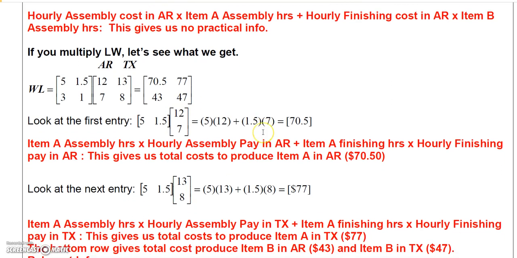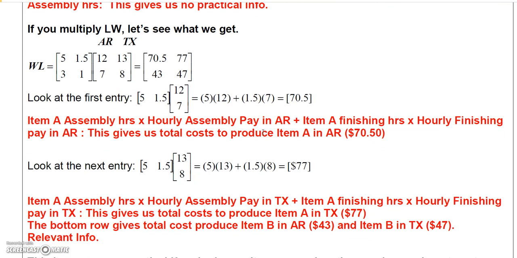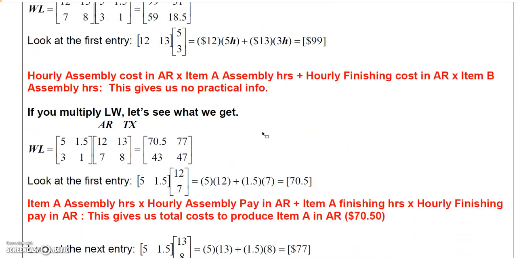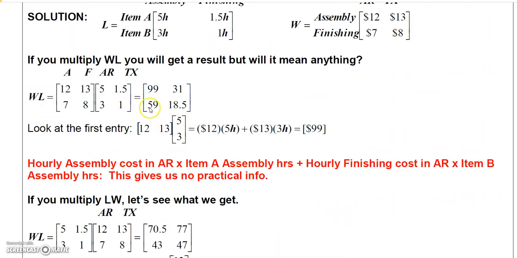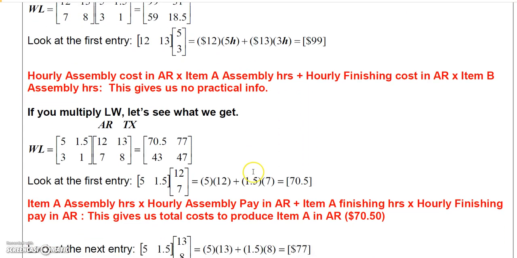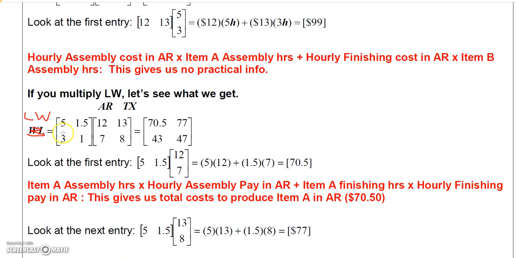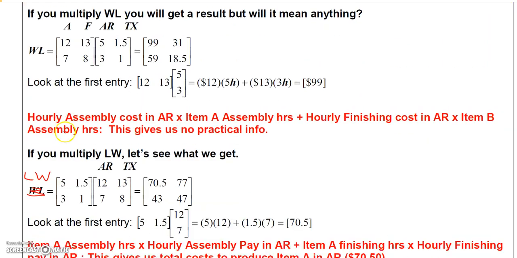So that actually would be useful, whereas what I did in the first product, when I did WL, was not very useful. But if you multiply L times W, which is what this should say right here, then the product gives you something that makes more sense.